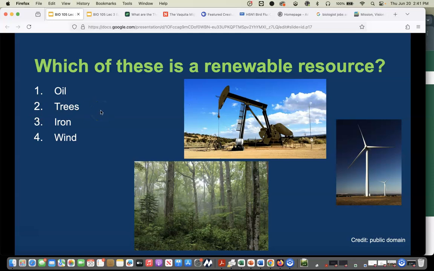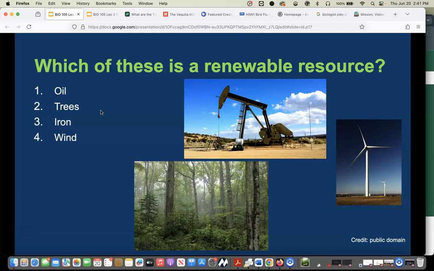We can use trees at a rate at which they will be replaced without hurting that overall population. Not necessarily that we are doing so at this point in time, but we can use them as a renewable resource. Now, let's talk about these other examples and why they are not a renewable resource.